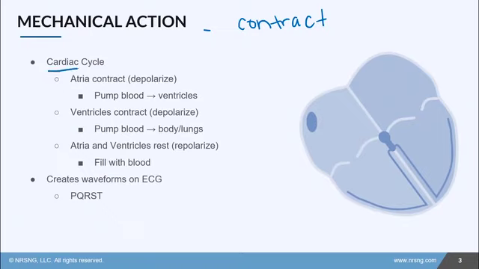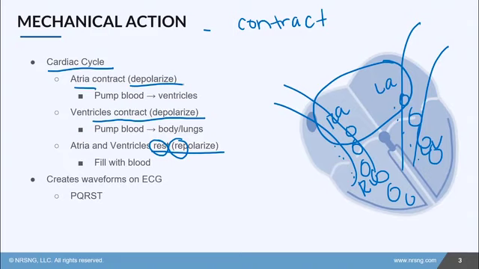So just remember this. If you can remember that repolarize, the RE right here, and rest starts with RE, means that either the atria or the ventricles are resting, you'll remember that depolarize means to contract. So I want to recap this one more time just because it's really important for you to understand it.